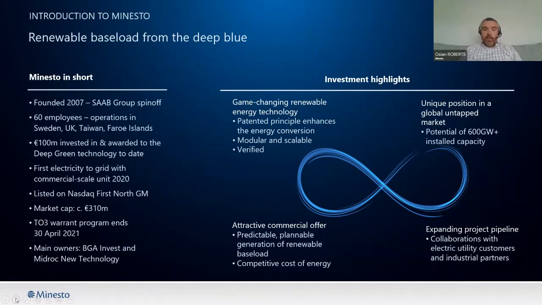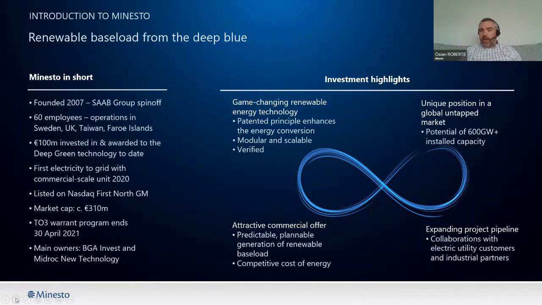We are a listed company. And we have successfully managed to export electricity to the grid using a commercial scale unit in 2020, which is a fantastic achievement for ourselves and for the industry as a whole. Our main owners are BGA Invest and Midroc New Technology, it says at the bottom there.